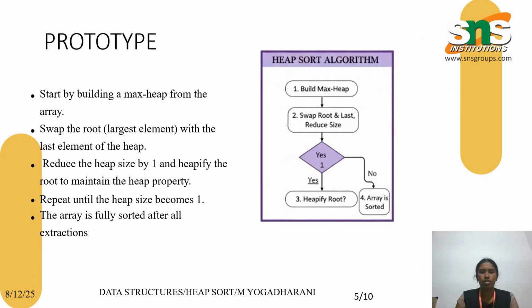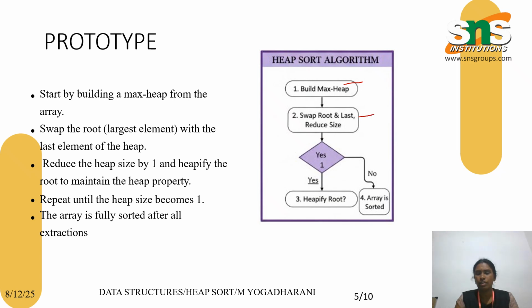So what is the prototype? So the prototype is simple. What is the basic property? While building a binary heap tree or a heap sort, must obey the structure property. So build based on that a complete binary tree, and then swap root and reduce the size.